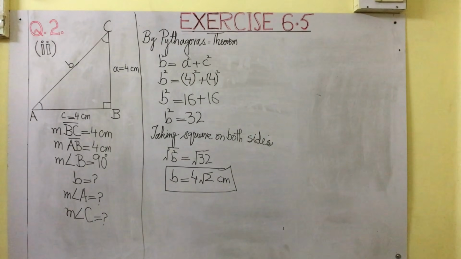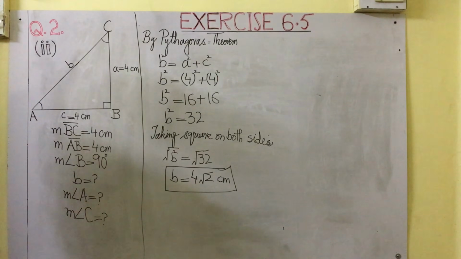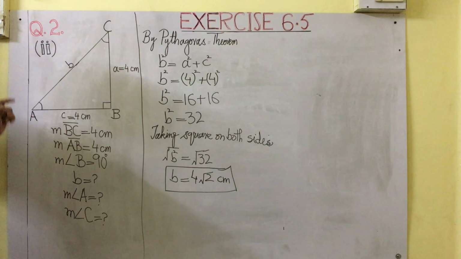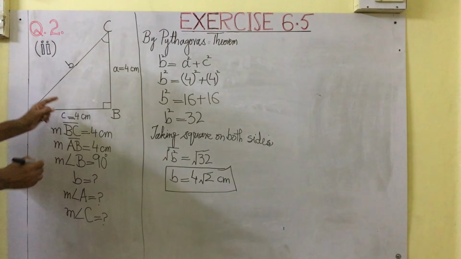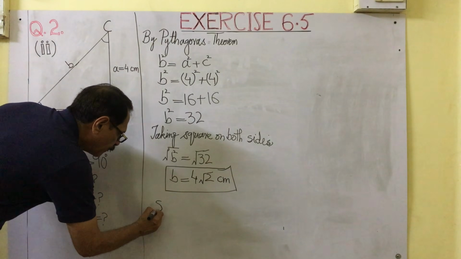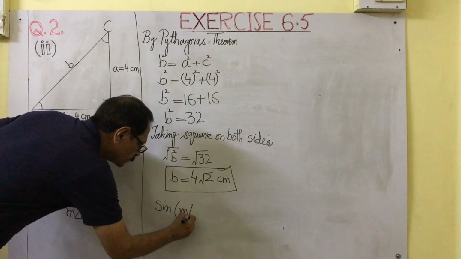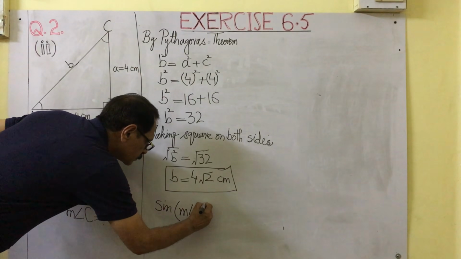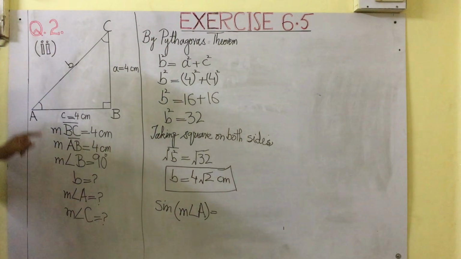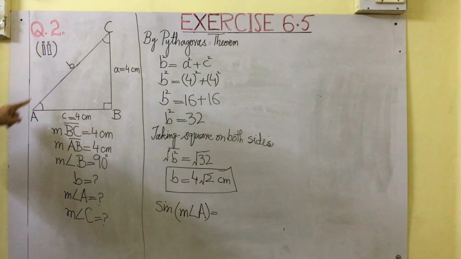After this, we are going to find out angle A. In right angle triangle ABC, sine of angle A is equal to perpendicular over hypotenuse.